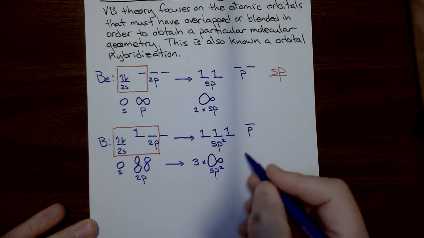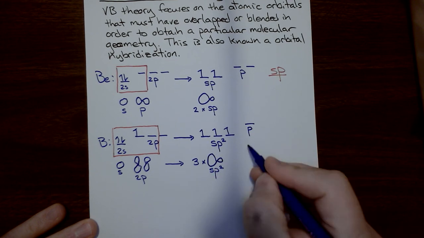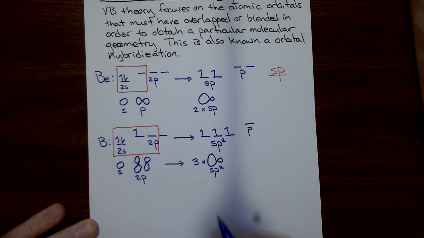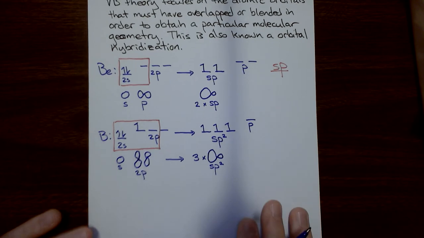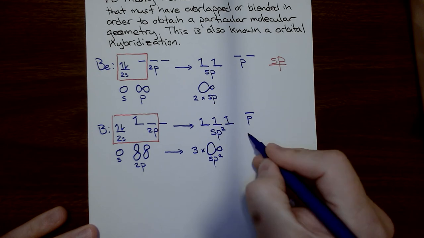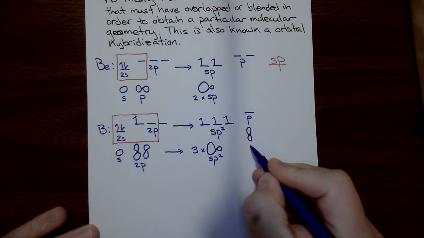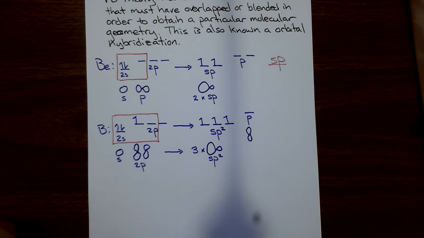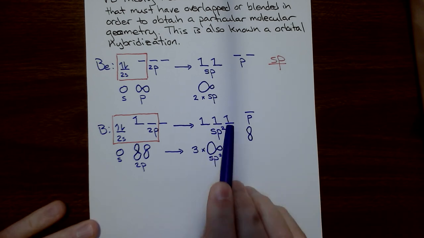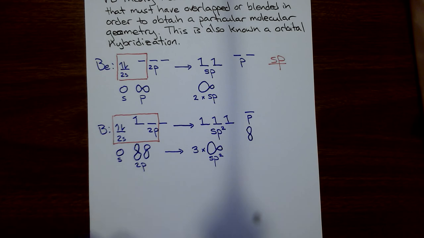So now we have 3, and then you have the p orbital up here by itself. You can think of it as just the same old p that didn't hybridize. So now we can have 3 bonds with the boron.